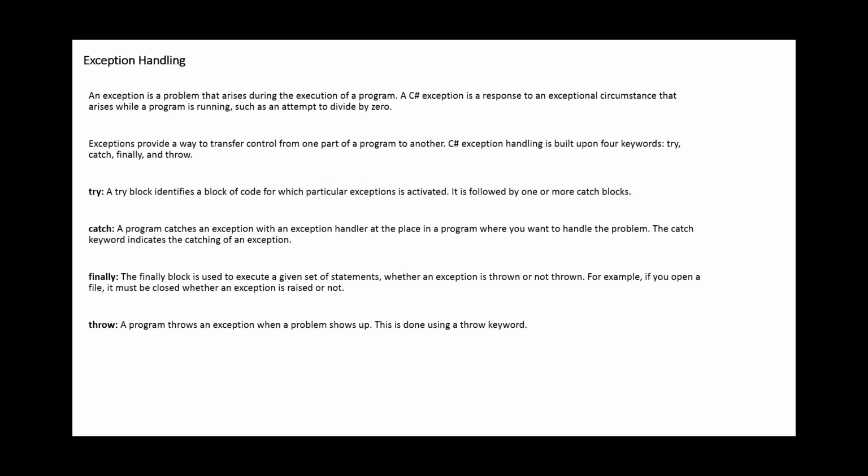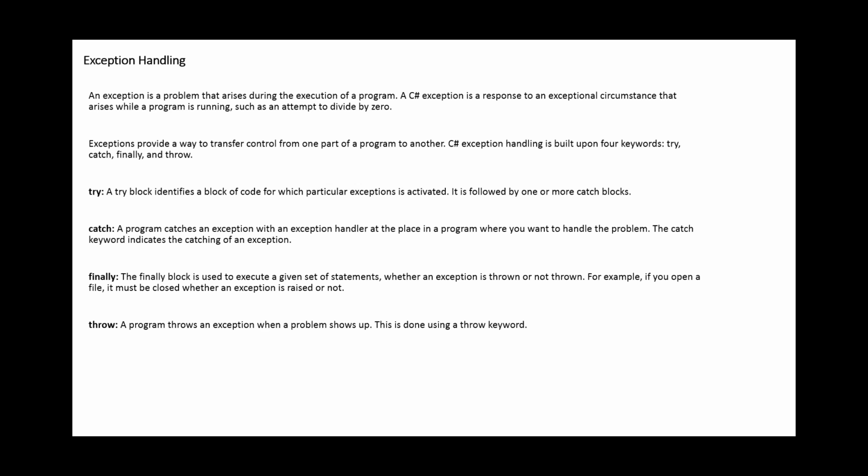So we'll see try. What is a try? A try block identifies a block of code for which particular exceptions are activated. It is followed by one or more catch blocks. Try means it will try to execute a block of statements or code you have written, and if any error occurs, any exception raised can be caught by your catch blocks.